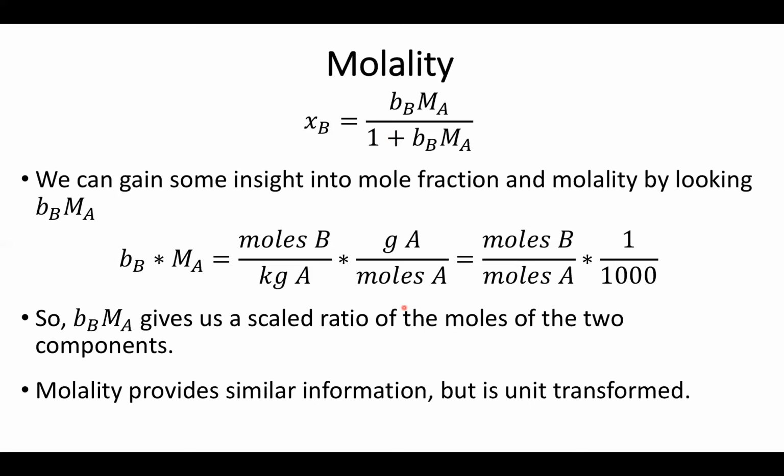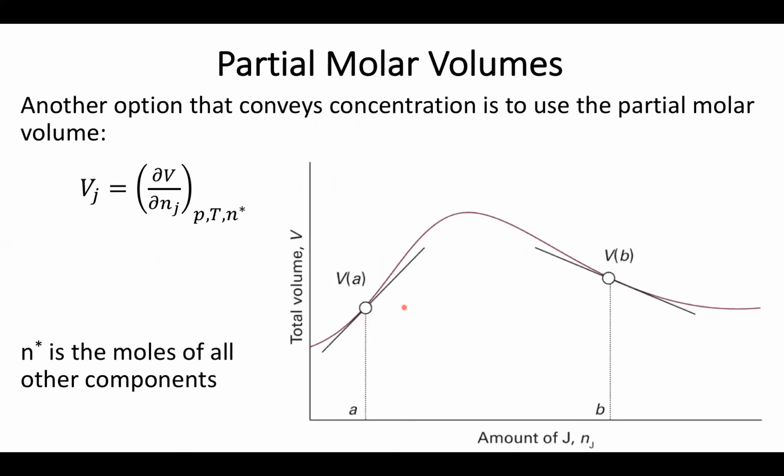However, there's also one other form of concentration that's a little bit peculiar to physical chemistry, but will occasionally pop up here and there, and that's partial molar volumes. The idea of partial molar volumes is that you're looking at how much the volume of your solution changes as I add one of my components.